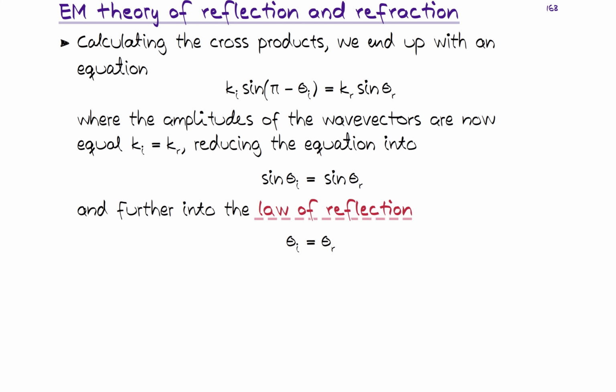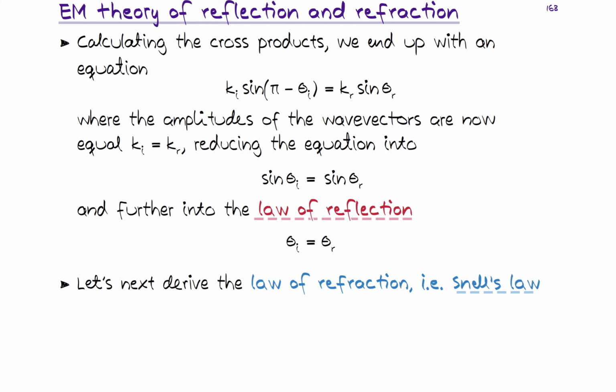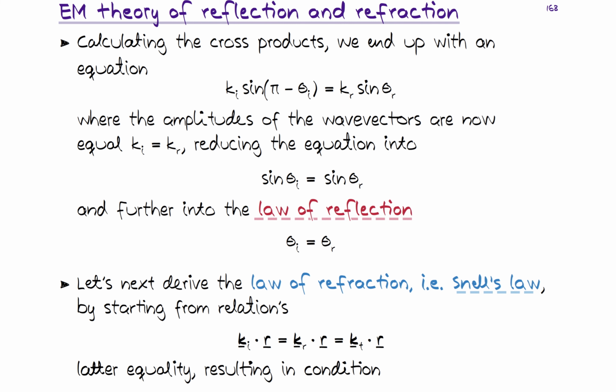So this was what we got from the first equality, and let's now do the law of refraction, basically Snell's law. Now we look into the second, latter equality here, and this gives me the way to derive Snell's law.